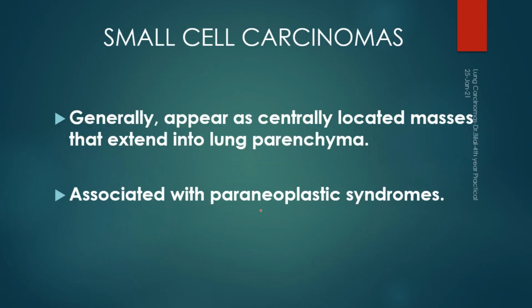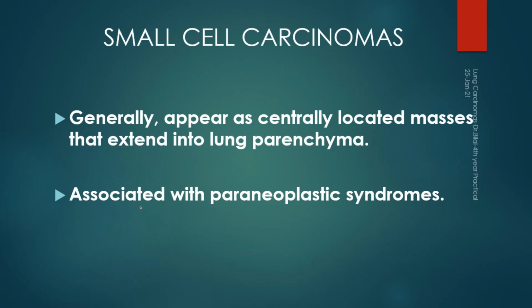Now, as I said, there are some differences with respect to location among these cancers. Adenocarcinoma was more peripherally located. Squamous cell is more centrally located. When we talk about small cell cancers, they are also more centrally located, and can extend into the surrounding lung parenchyma.